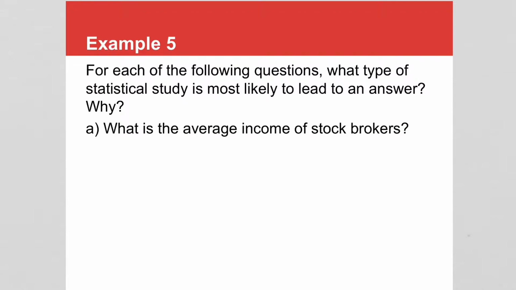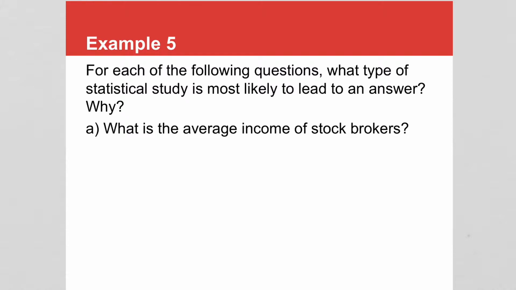Example 5 says, for each of the following questions, what type of statistical study is most likely to lead to an answer and why? What is the average income of stockbrokers? Okay, well, is this observational or is it an experiment? Or does it kind of turn into a case control study?